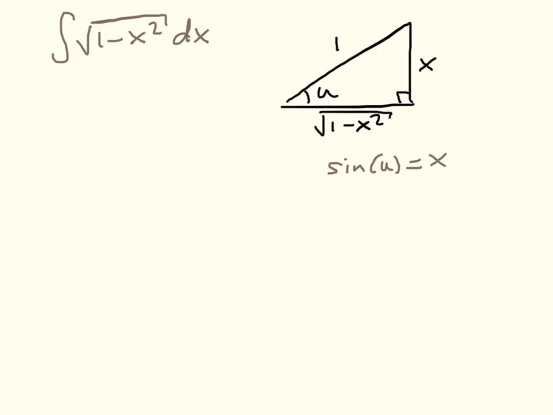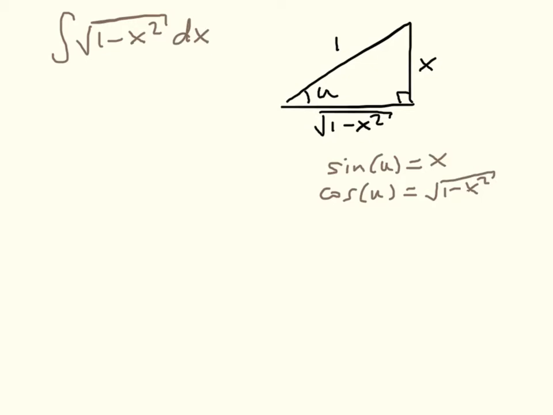And this is the reason why this is a good change of variables. The square root, which is making this integral difficult, appears very naturally in terms of this angle u. And what we see is that the cosine of u is the square root over 1. So we have that the cosine of u is the square root of 1 minus x squared divided by 1, which I'm not going to bother to write down.